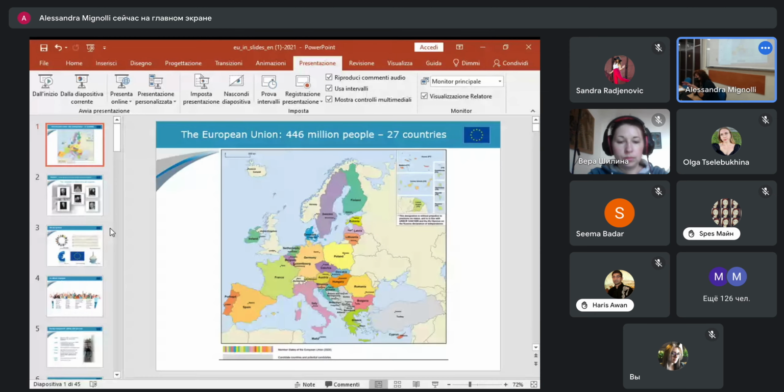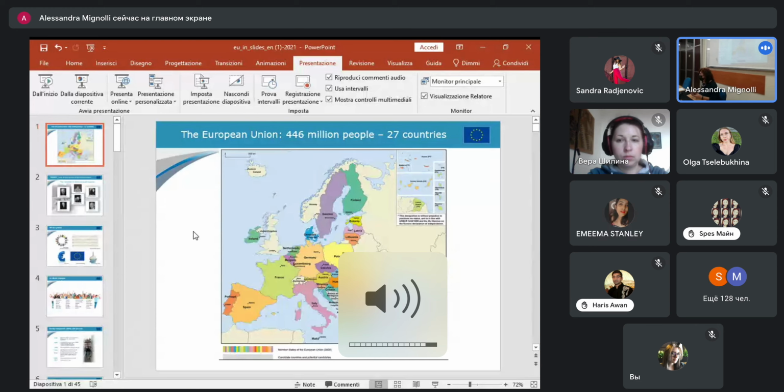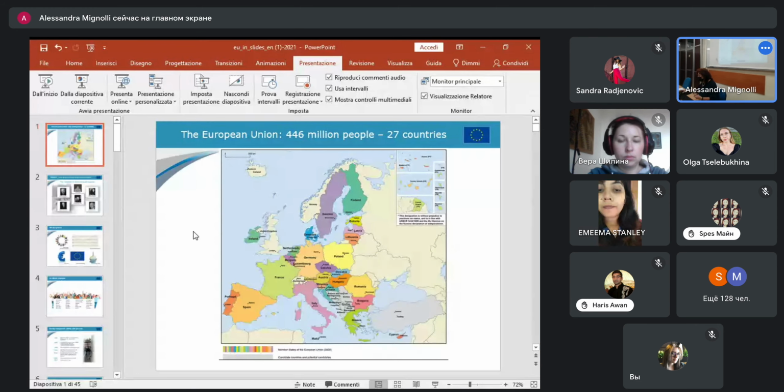Different paths along which to study the history of European integration. They are the two paths that were followed by the member states and the institutions over the years.